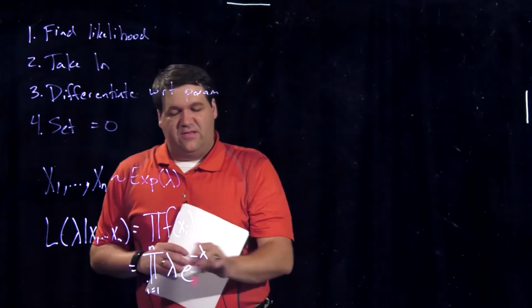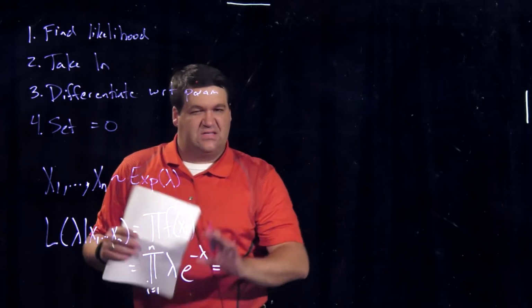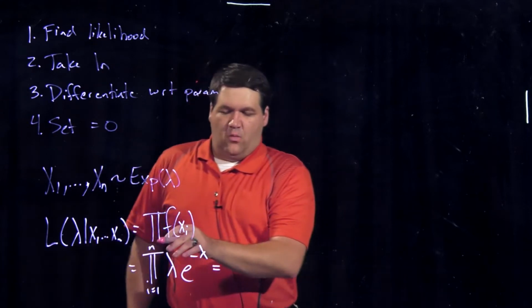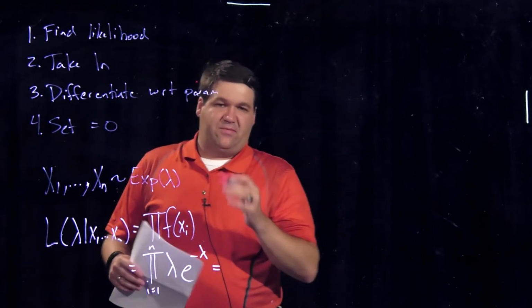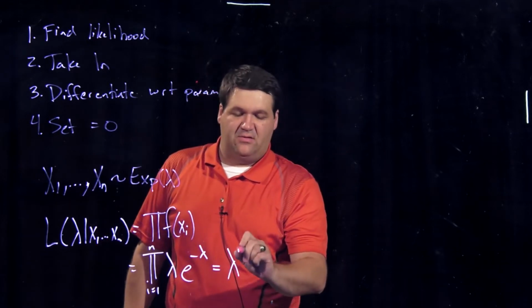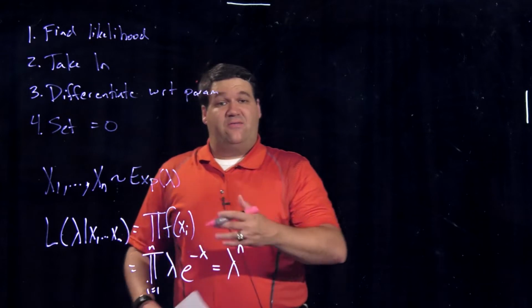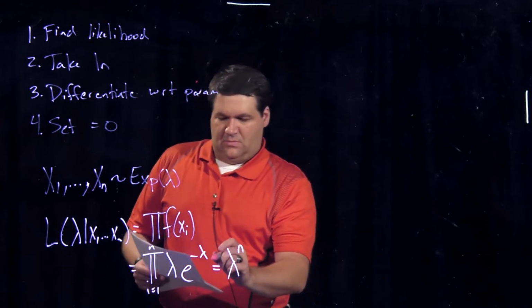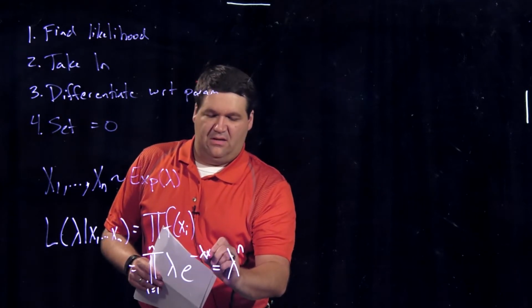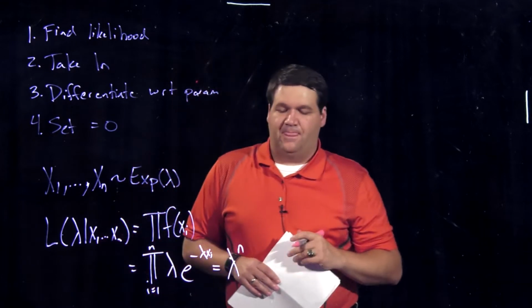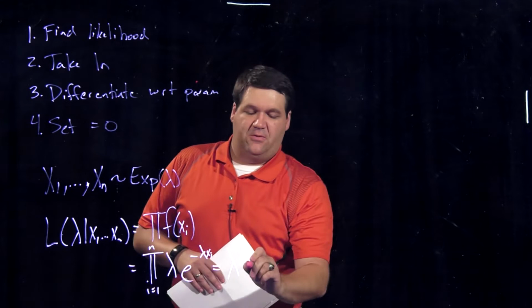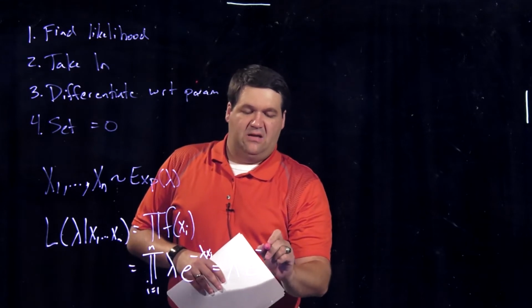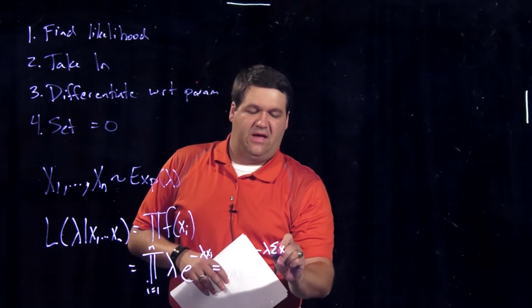All right, so I want to figure this out, and the nice thing here, and this is something you'll get used to with practice, is that when I'm multiplying a bunch of things together, lambda times lambda times lambda n times is lambda to the n. And I'm missing an xi here: negative lambda xi. The product turns into a sum in the exponent. So e to the negative lambda sum xi.